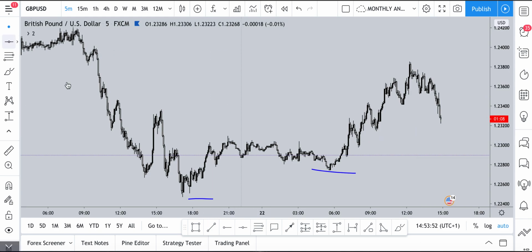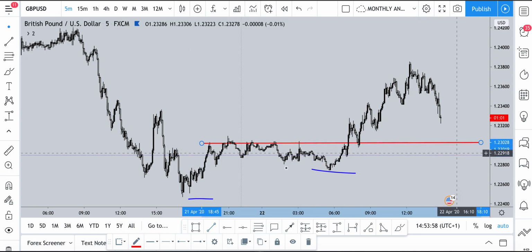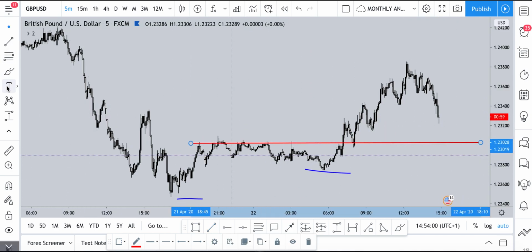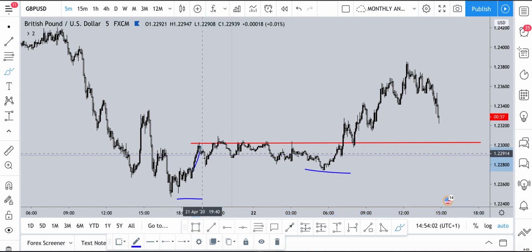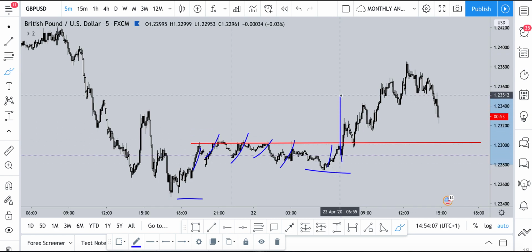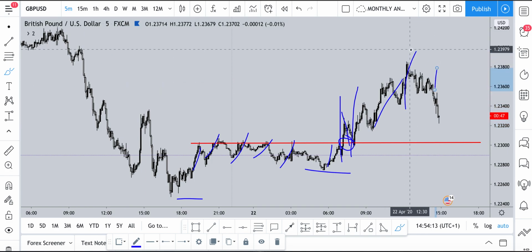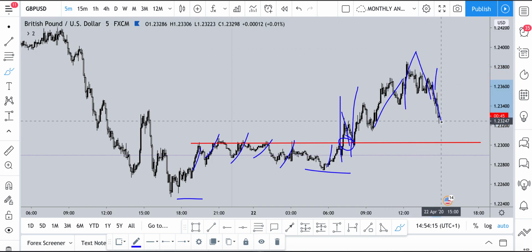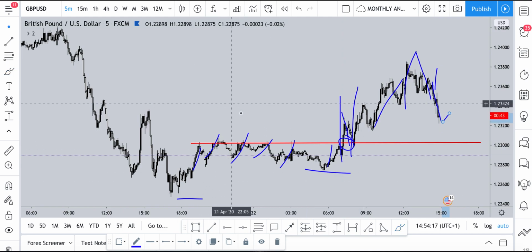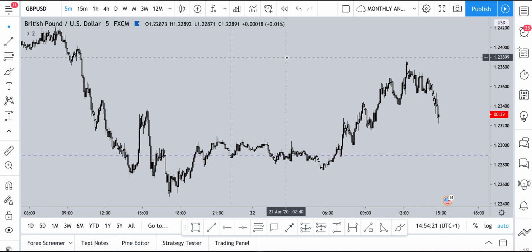We can see that this is a sensitive area there because price came up, got rejected, finally broke through, came back to test it, buyers stepped back in, and they've been pushing the market up, but they haven't managed to this time.